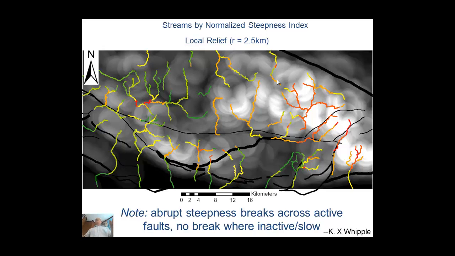So if the uplift rates are low, then the landscape really is just showing differences in rock resistance. But if the uplift rates are high, then the rock resistance becomes less important. You can kind of see through it. That's the way I think of it, relative rates.